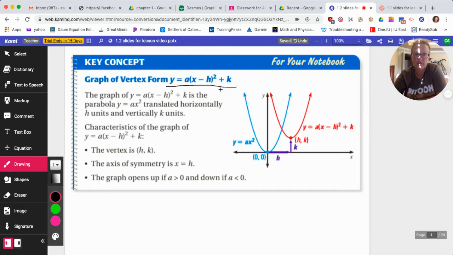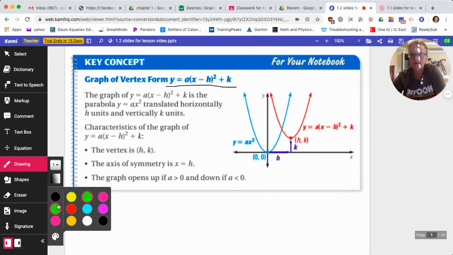That's called vertex form because our vertex is actually an ordered pair in here. All right, so let's just read this. The graph of y equals a times x minus h quantity squared plus k is the parabola y equals ax squared. Let's remember the parent function, parabola, but we're going to translate that horizontally h units and vertically k units.